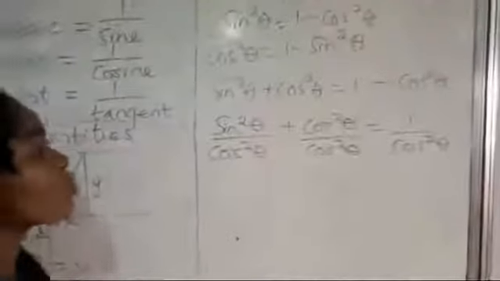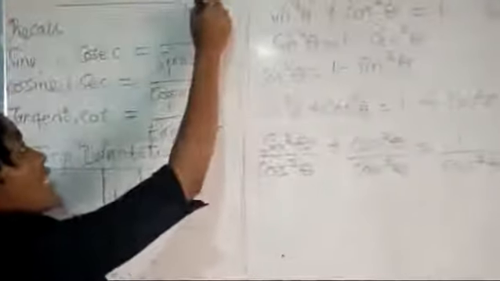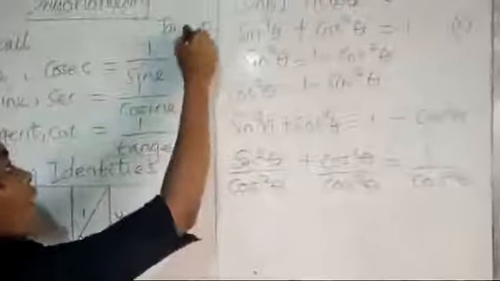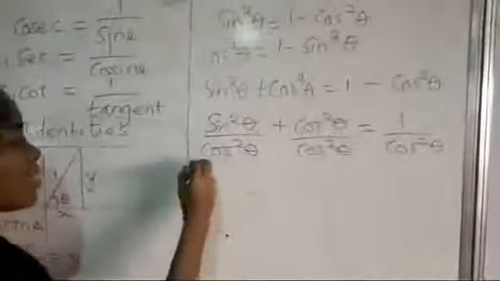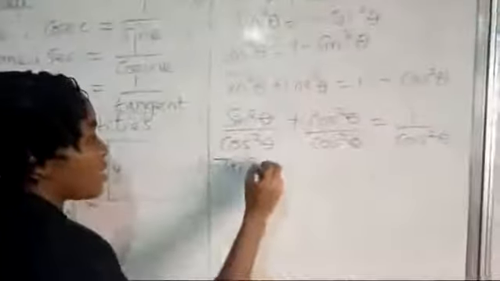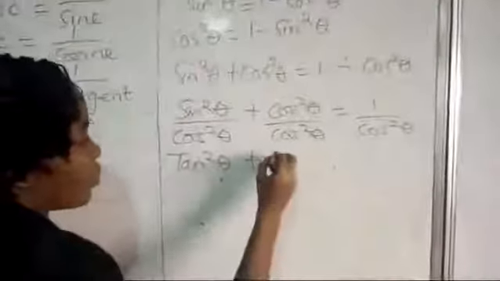From here, we could recall that tangent is what? I believe you can remember. Tan is sine over cos. So the square does not change anything. It will just be tan squared theta plus cos squared theta divided by cos squared theta, which will give us 1.